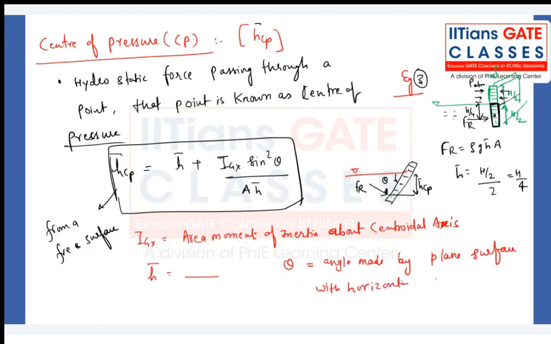We have to measure with the horizontal. Remember that. Horizontal free surface. Because if the plate angle is given as 60, for example, theta will be 30 degree. In your calculation, theta will be 30 degree.